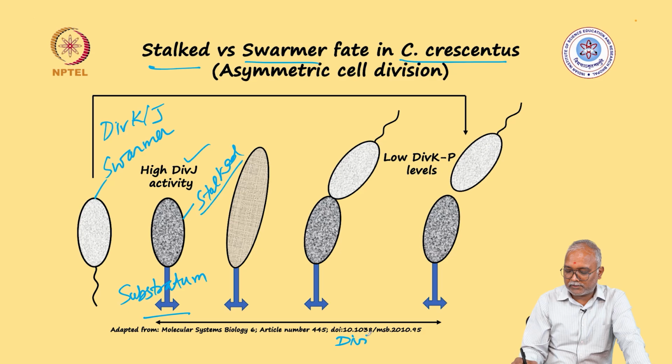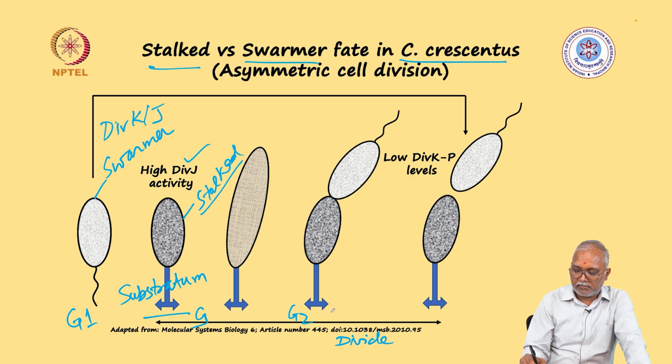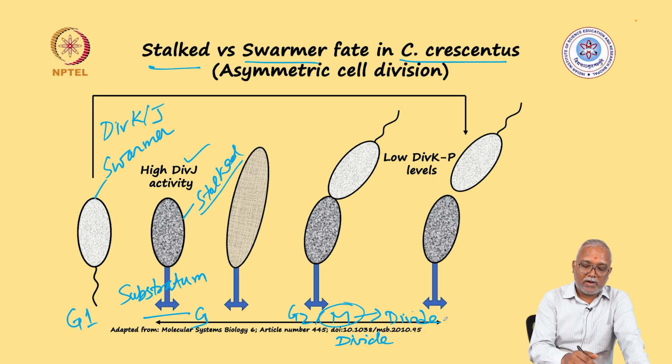Basically that is one of the first calls it has to take before it goes and attaches to the substratum. Here if the cell is in G1 phase, this is more like S phase, G2 and M phase type. If I say M phase, bacteria do not have M phase, they generally just divide, right? So once the bacteria decides to become the stalked cell, it will attach to the substratum.